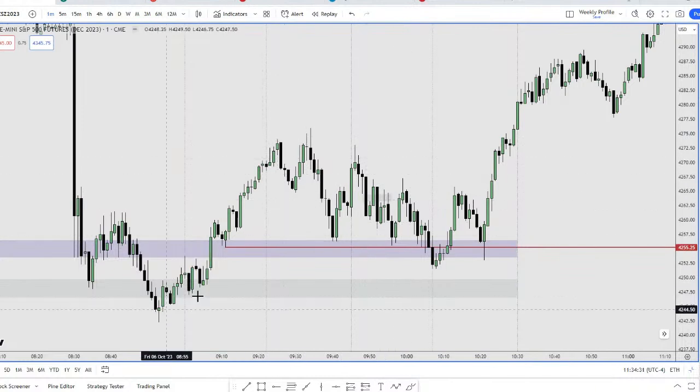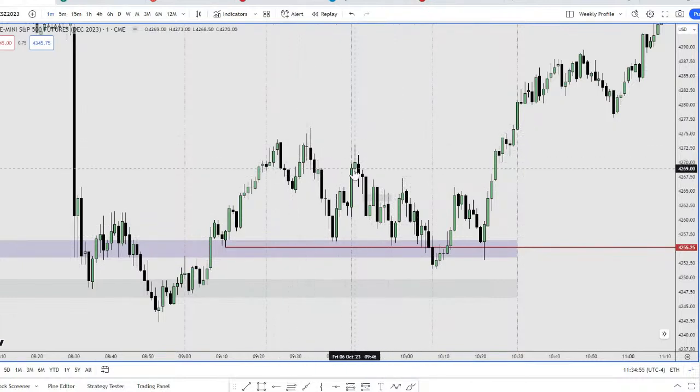So Q1 you have expansion, Q2 you have the manipulation, and then your half, let's say 50% retracement, and then Q3 you have this slow grind down. So what are you anticipating in Q4? It's going to run the highs here.